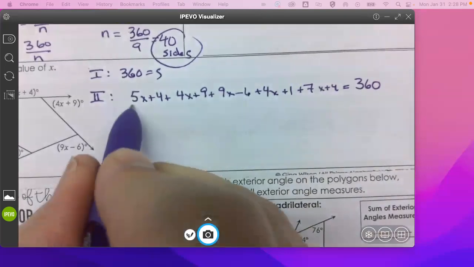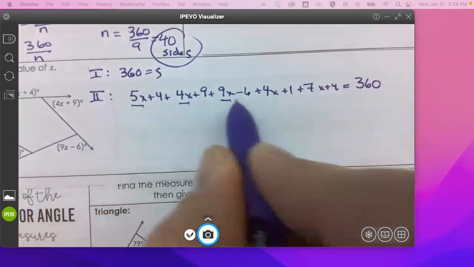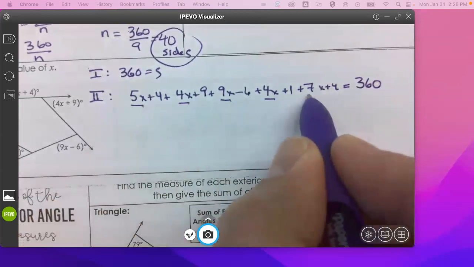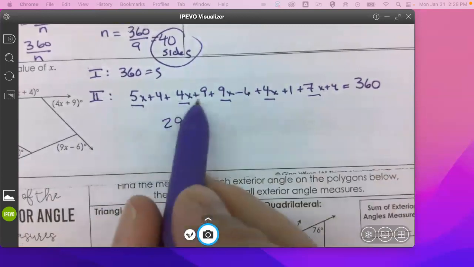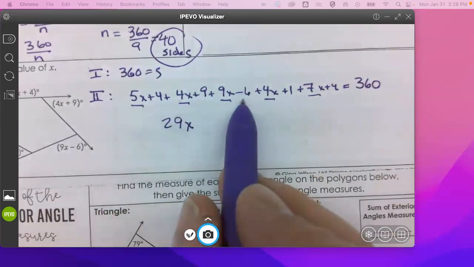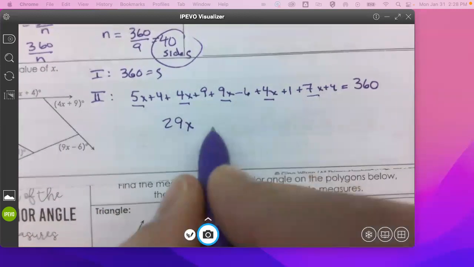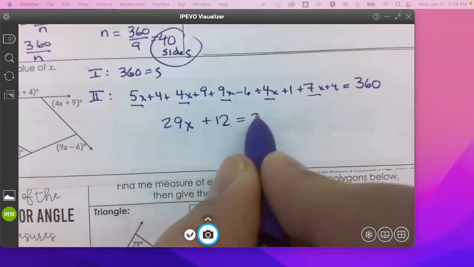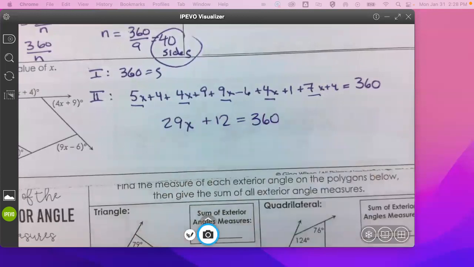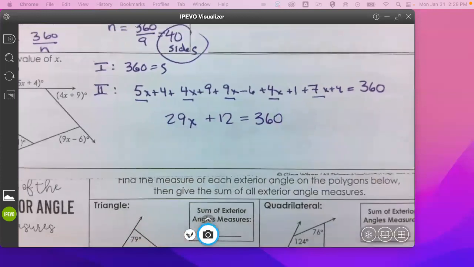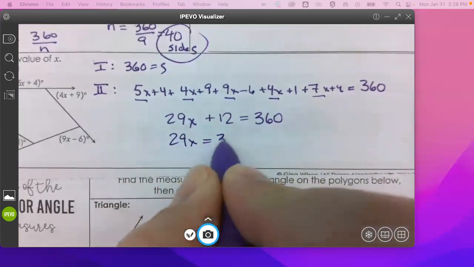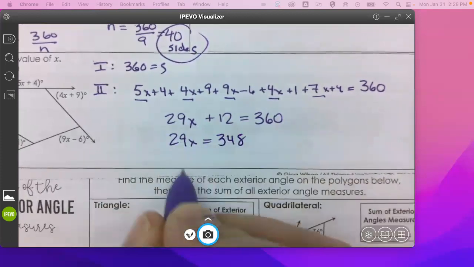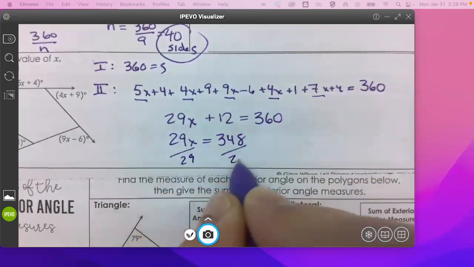Let's combine like terms. 18, 22, 29. And 4 and 9 is 13, minus 6 is 7, 8, 12. Subtract 12. Divide by 29.